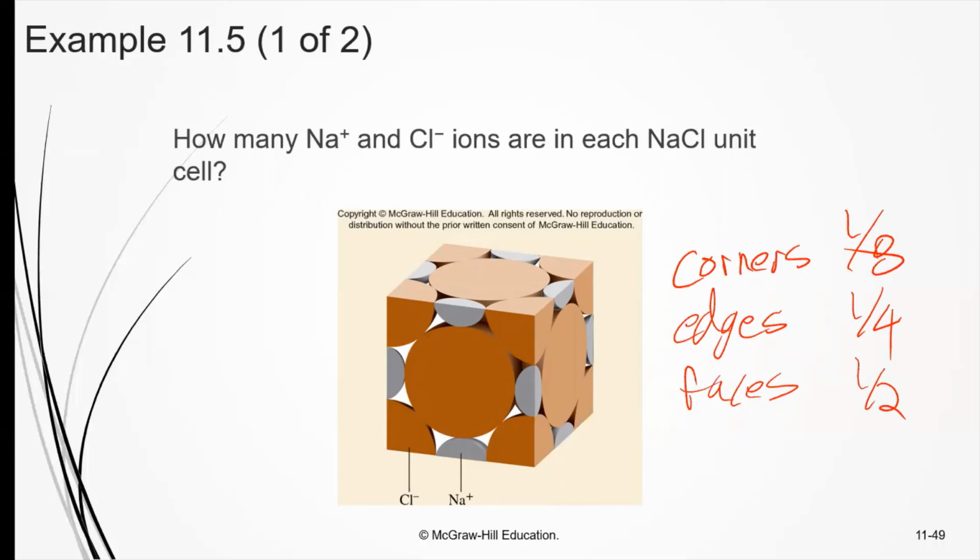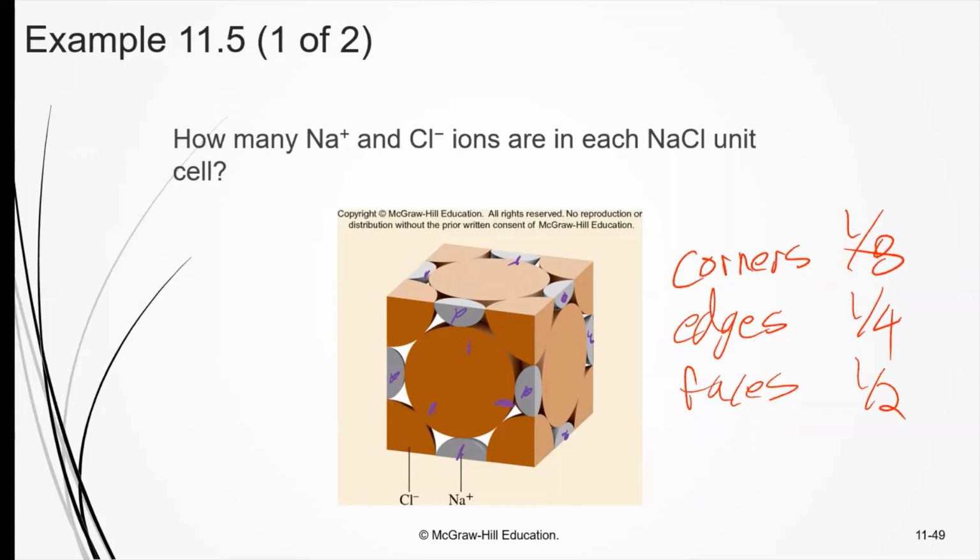And so our sodiums are 1, 2, 3, 4. So we have 4 on an edge, 5, 6, 7, 8, 9. We should have 1 more in that back edge, 10. We should have 1 more down here, 11. We should have 1 more in that back edge, 12.